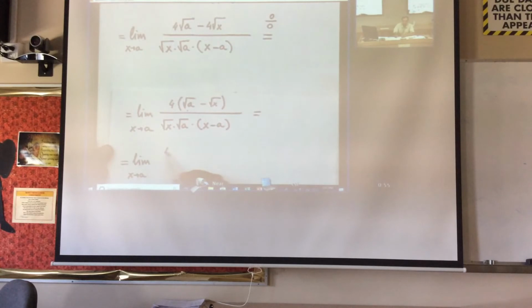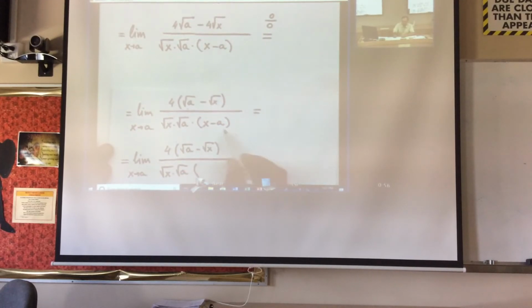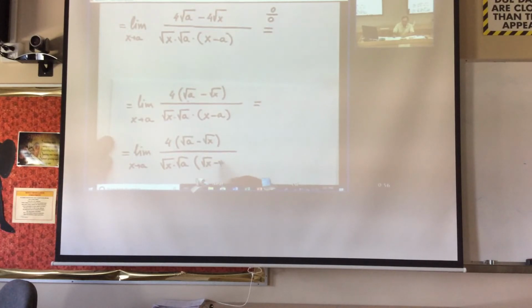So we have 4, and then we have square root of a minus square root of x, almost at the end. And this one will be square root of x minus square root of a times square root of x plus square root of a.